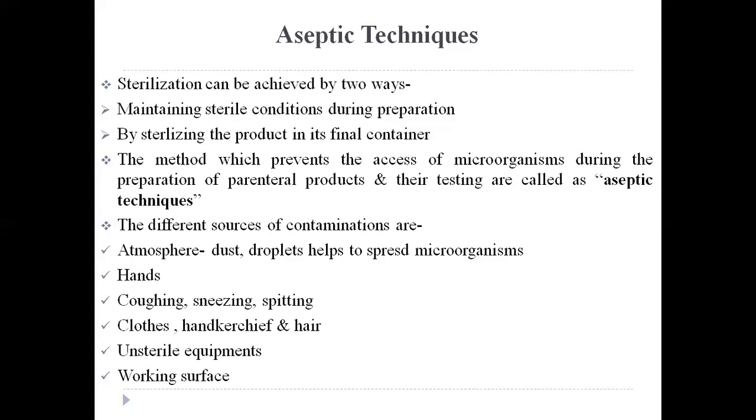The first one we are going to discuss is the atmosphere. As we know, the atmosphere will have dust particles and droplets, etc. The droplet nuclei become a breeding ground of microorganisms, and as the dust particles and droplets roam in the atmosphere, it becomes very difficult to stop contamination if it is not a restricted area.